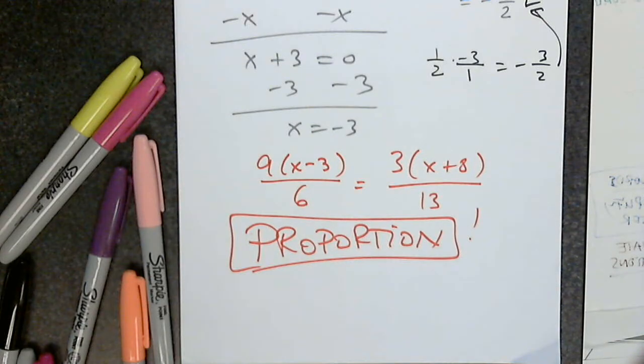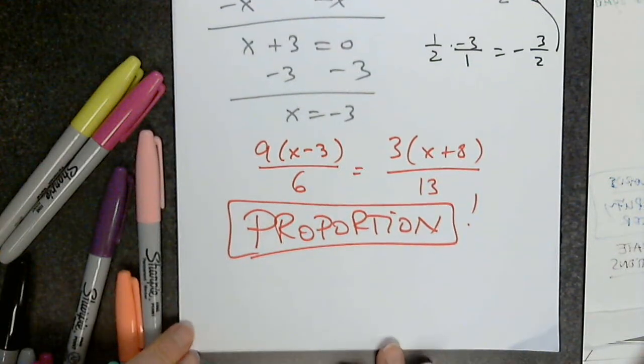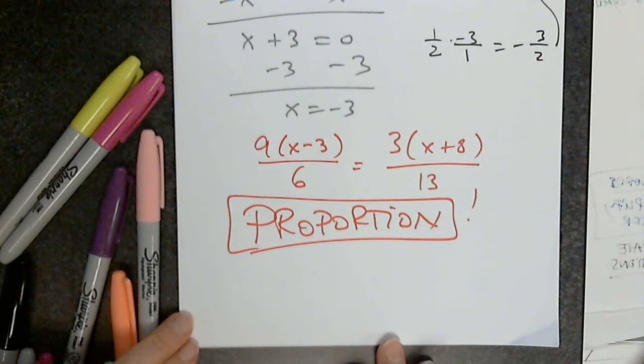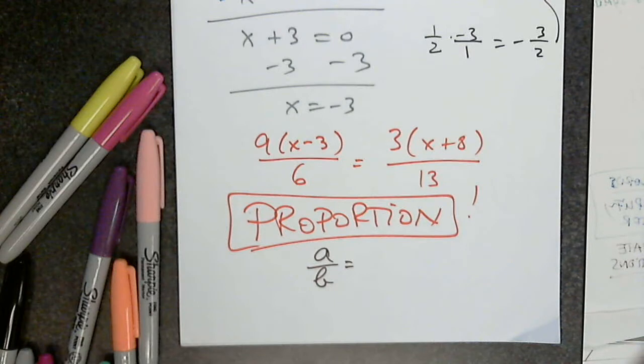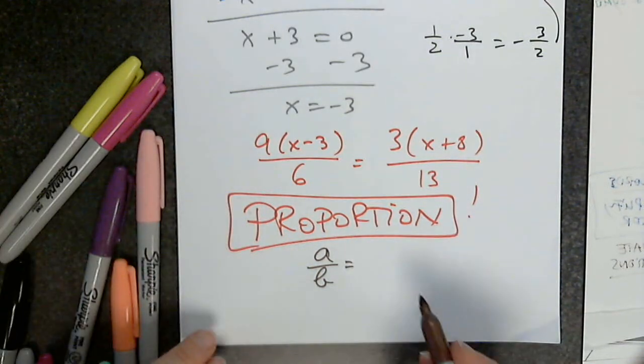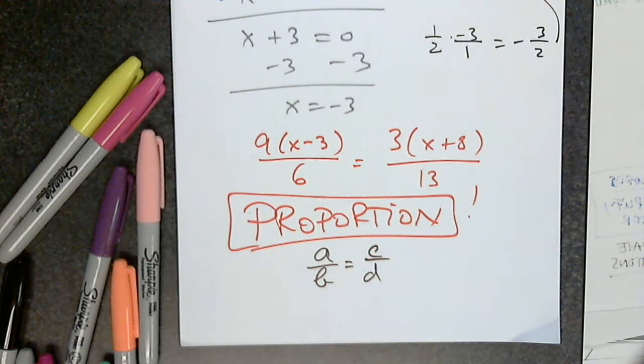Can anyone give us an example of a proportion? Just like this, we have a fraction on one side, the equal symbol, and what else on the other? Another fraction. This is a proportion.